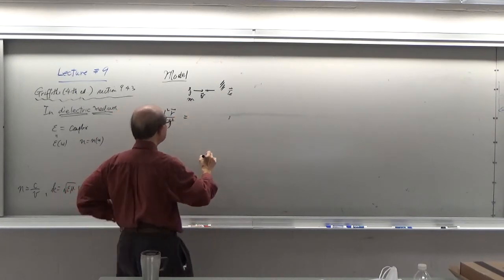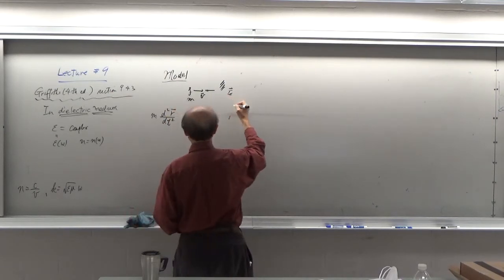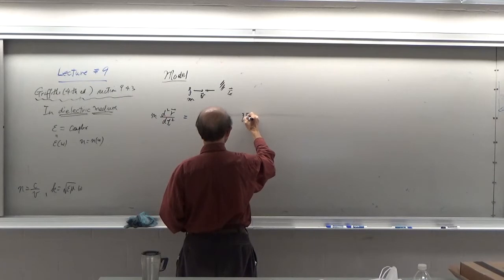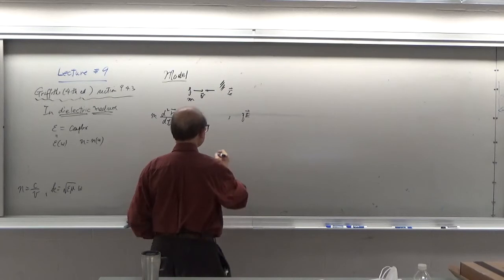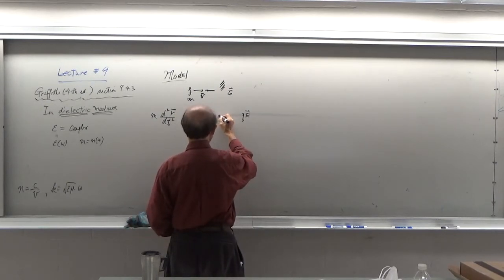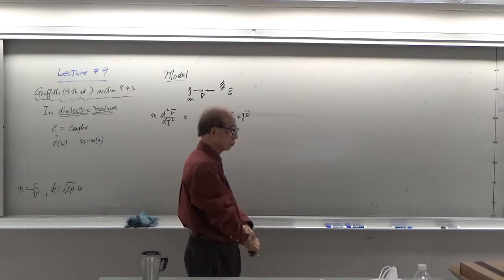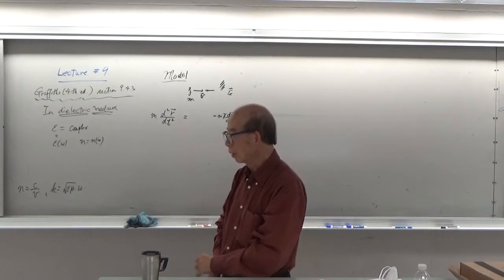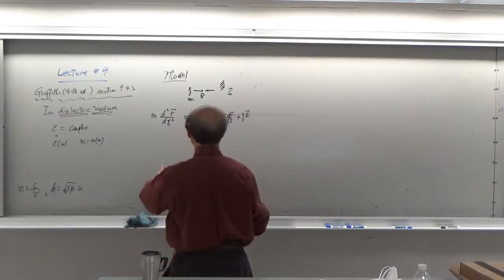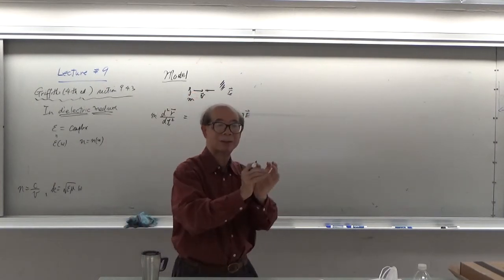That's equal to the force due to the presence of electric field E, which would be qE, and the resistive force, you remember, is minus m gamma v, where v is dr by dt. That was the model we introduced to discuss conductivity.